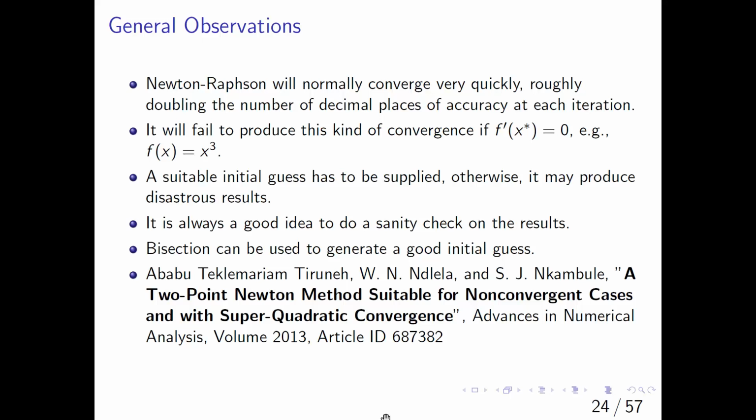You see, for this nonlinear function, let's say x cubed equals 0, if you apply Newton-Raphson method to solve this nonlinear equation, you're going to fail. Why? Because f prime x star equals 0. The x star is just 0, right?